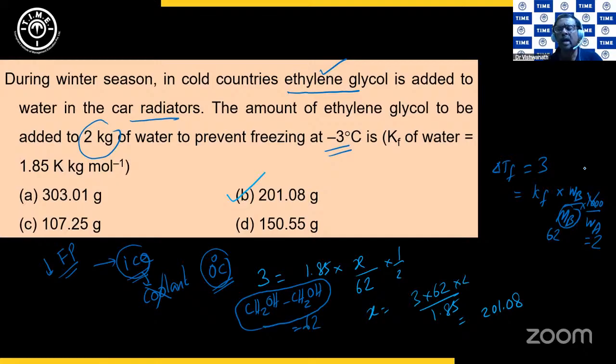All that we need to find out is the WB. So KF value is also given as 1.85 here. So using that, we'll be able to get the WB as equal to 201.08. I hope this is clear. Simple formula that you need to employ here, right?